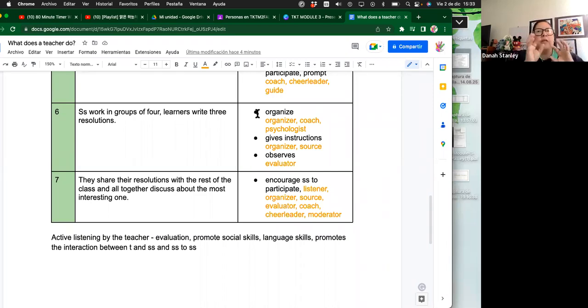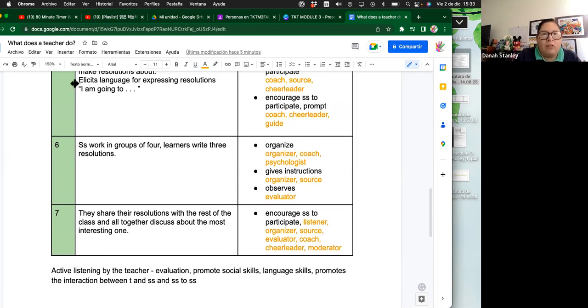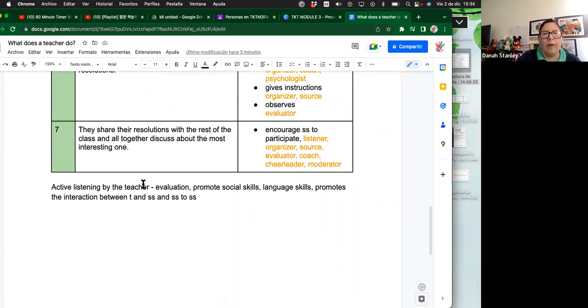I'm going to decide, based on the profiles of the students, who is best in a specific team and who is not. I'm going to give instructions, so I'm going to be the organizer and the source. I'm going to be observing, taking care of what they are saying, if they are really using their topic and the structure asked, and the way they are developing and interacting in the activity, okay?